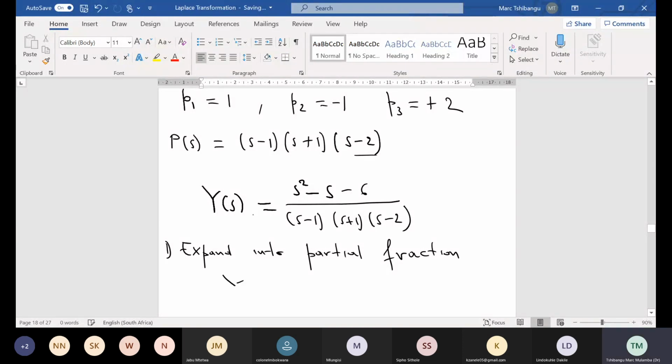So we're going to have capital Y of S equal to C1 over S minus 1 plus C2 over S plus 1 plus C3 over S minus 2.